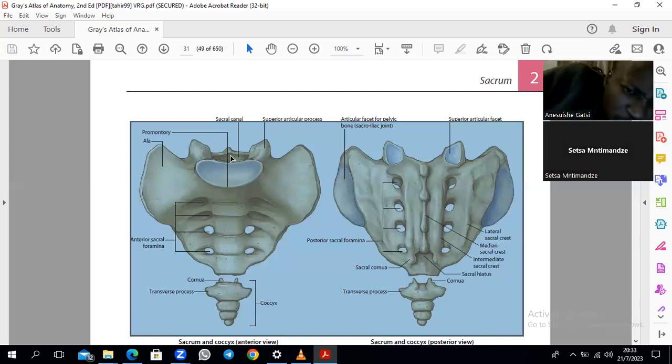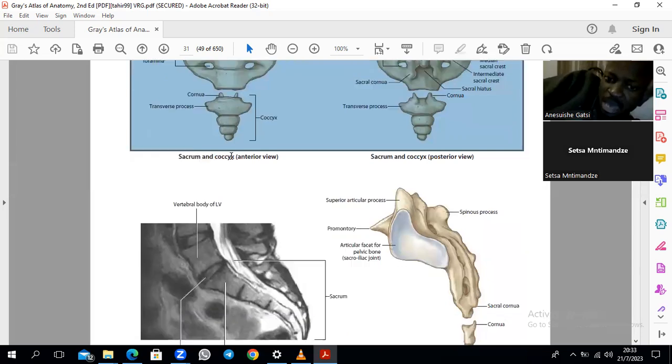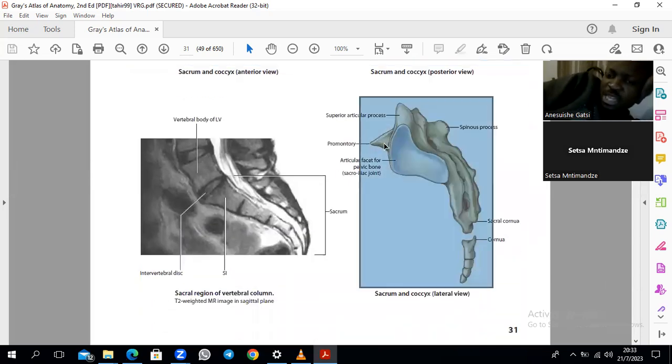So you don't expect to see the spinal cord in this region. You're also going to have pedicles. I'm not going to be able to really show you these things because they will be almost degenerated. So I think this is a good picture. That's the promontory there. You can see it projecting forward.